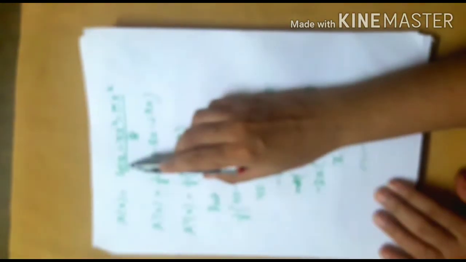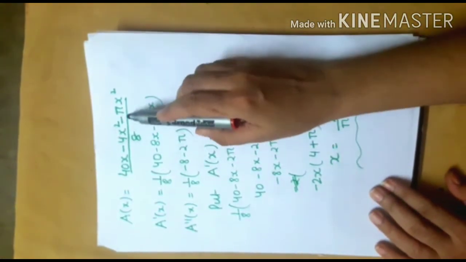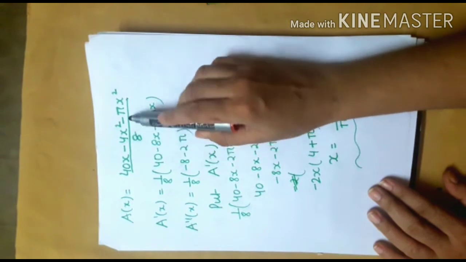I'll get 20x minus 2x square minus pi x square over 4 plus pi x square over 8. And that will give you 40x minus 4x square minus 2 pi x square plus pi x square over 8. I'll combine these two. So I'll get 40x minus 4x square minus pi x square over 8.